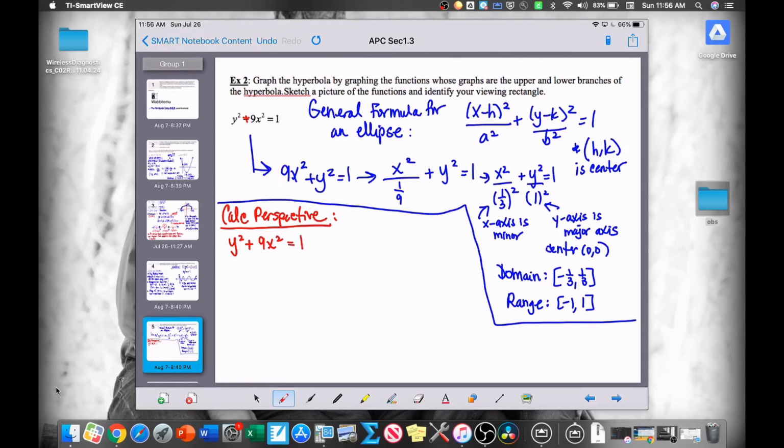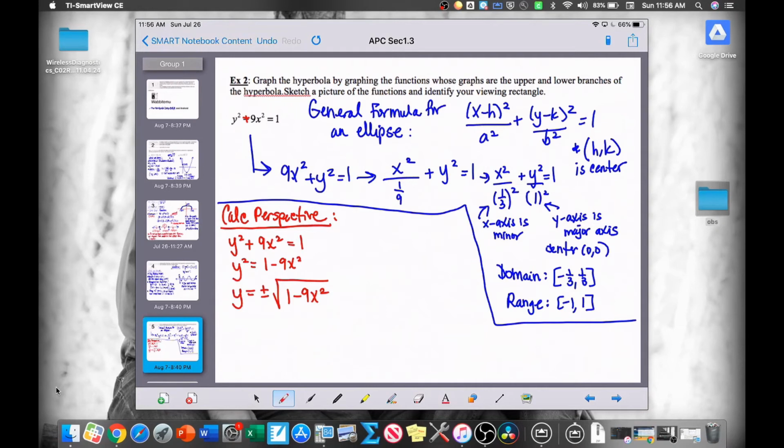And if we solve for y squared, we get y squared equals 1 minus 9x squared. Then solving for y, we get y equals plus or minus the square root of 1 minus 9x squared. Graphing wise, we need to have that plus or minus because that's what's going to make the top half and the bottom half of our ellipse. And we'll talk about that when we type this into the graphing calculator in a moment.